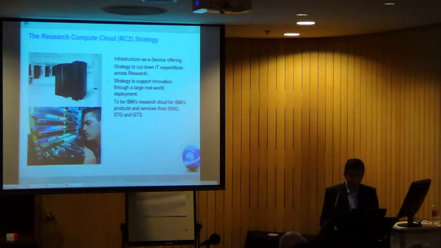And I'll come back to that in a second. There is a lot of activity going on in cloud computing across the different divisions in IBM. And one of the key things that IBM Research is doing is forming close partnerships with the other divisions in IBM. These include the software group, the systems and technology group, and global technology services.